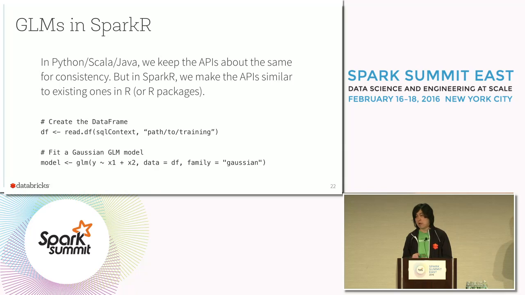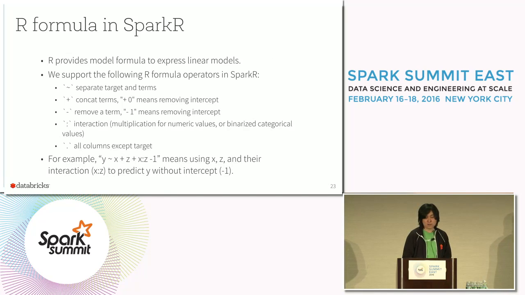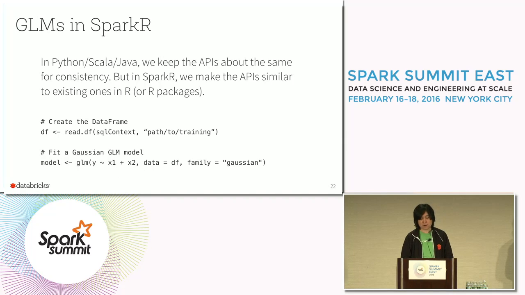And this is how we train a model in SparkR. If you're an R user, this is essentially the same as the R glm method: you specify the model, the training data, and the family, and you get the model out. The most interesting part is the first part, how you specify models in SparkR. You can see y ~ x1 + x2 means you want to use features x1 and x2 to predict the response y.